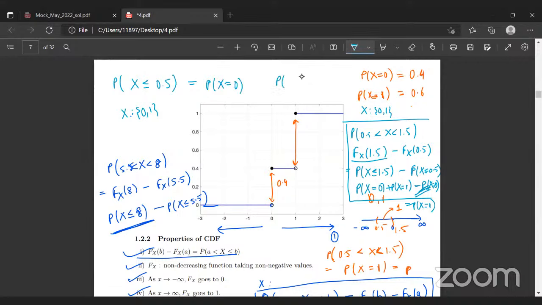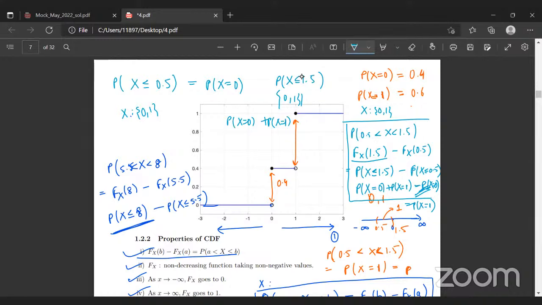And why probability X less than or equal to 1.5? We know X is not going to take any decimal value, so among numbers less than 1.5, X takes 0 and 1. So we write probability X equal to 0 plus probability X equal to 1. Okay, ma'am, I got it.